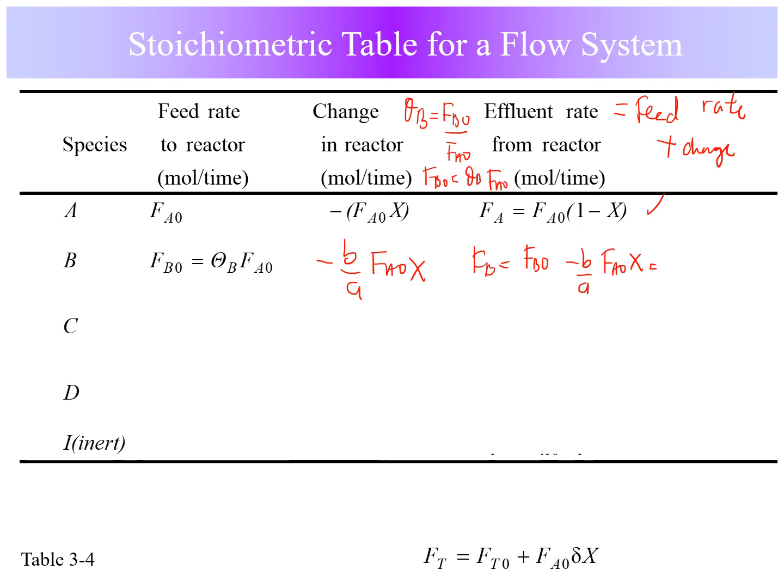So this would be theta B times FA naught, minus B over A FA naught times X. So this is the equation.